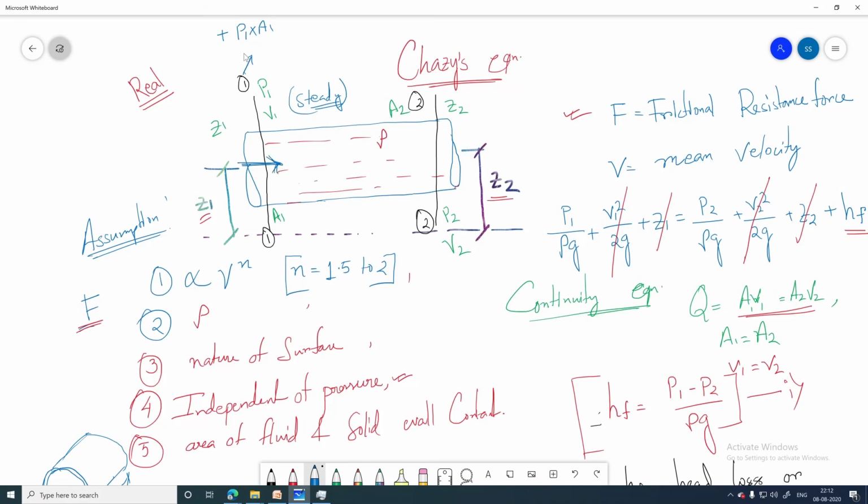At section 2, the force is P2 into A2, and it is negative because it is opposite to the direction of the flow. The same goes for F. What is F? F is the frictional resistance force, which is also in the opposite direction, so it is also negative.